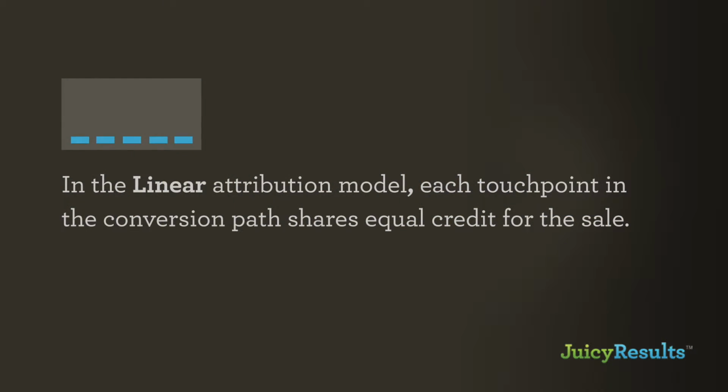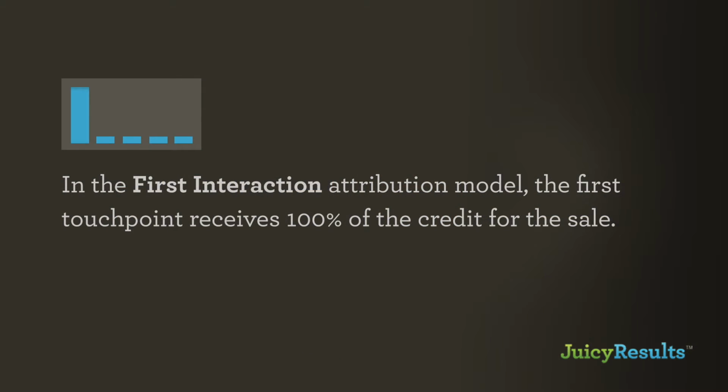So there's several types. There's another really interesting one called linear. And linear is actually going to go through all of them and it's going to basically assign an equal credit to each touch point. So in our example, there were 3 touch points, so each of those would receive 33% of the credit.